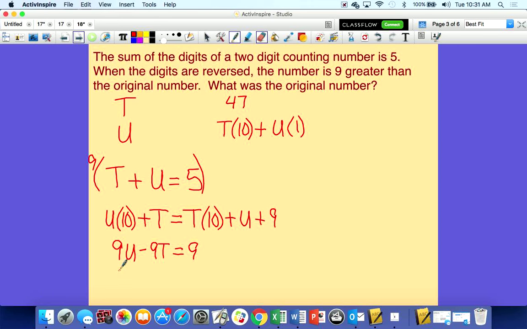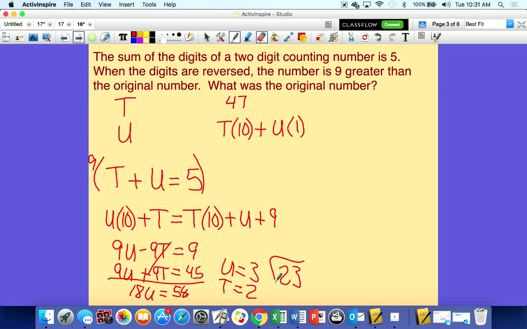So we've got 9u plus 9t equals 45. So then the t's go away. 18u equals, what is that, 54? So our units digit is 3. And then that means our tens digit has to be 2. What was the original number? Tens comes first, so 23 should be our answer here.